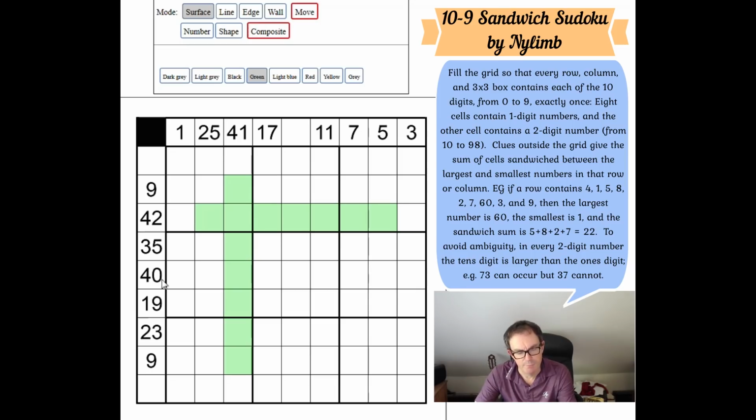Okay, let's think about the 40 clue. Now, the problem with the 40 clue is that maybe it's possible to have a cell outside the sandwich with the 40 clue. Oh, no, it's not.